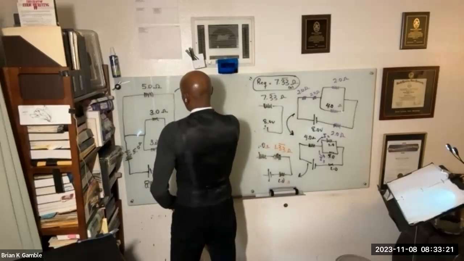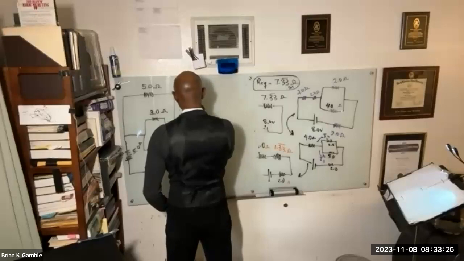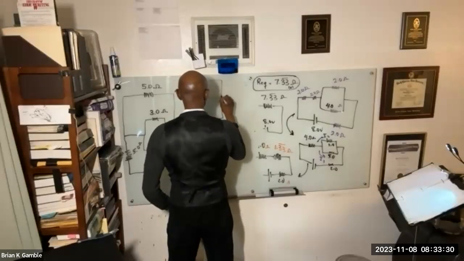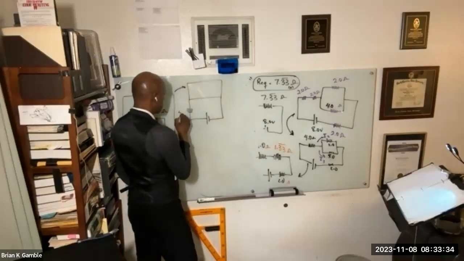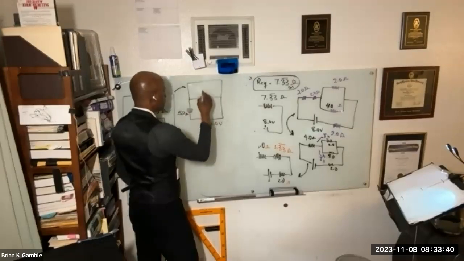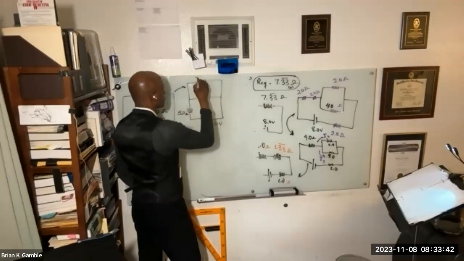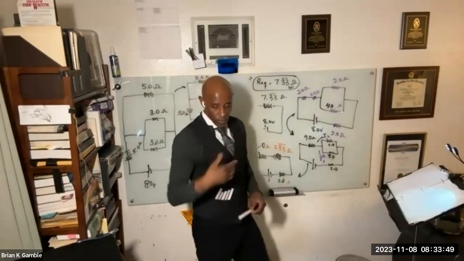On the first one, we'll get, so here I have the 5 ohm, and that's going to be 5 ohms. When I put these together, that's 1/3 plus 1/3, and the reciprocal of that.